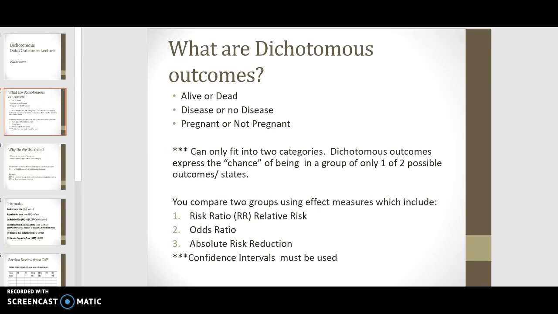Those include risk ratio, also known as relative risk, odds ratio, which we'll go into further for all of these, and then absolute risk reduction. We always use confidence intervals when we're using effect measures because the effect measures that we determine are only estimates. So a confidence interval should always be used.